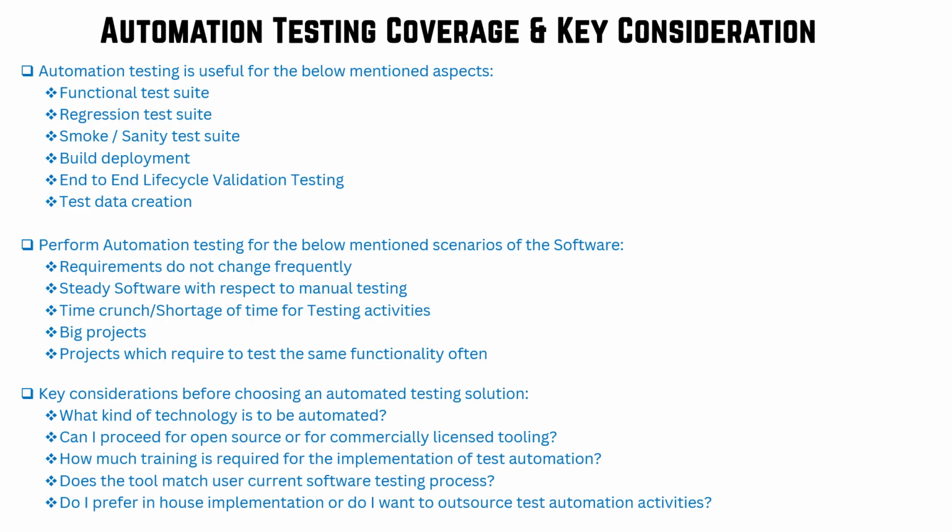Automation testing coverage and key considerations. Whenever you are talking about automation, first we need to start with automation of the regression or sanity suite, because those will be executed regularly, weekly or twice a week. Those are the areas we need to do first. Then we go with the end-to-end validation suite, starting from scratch to the ending part.